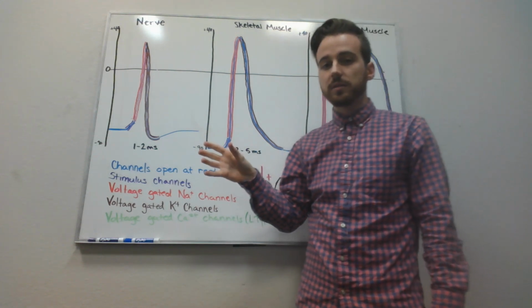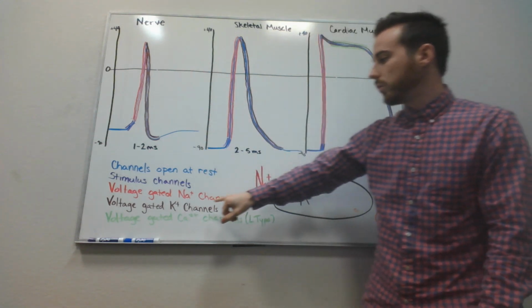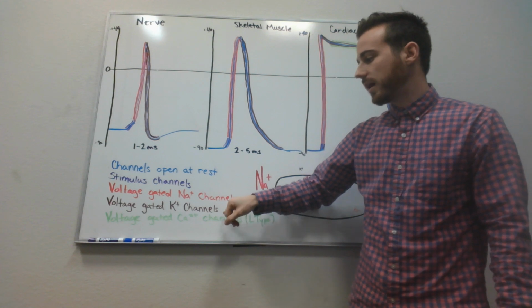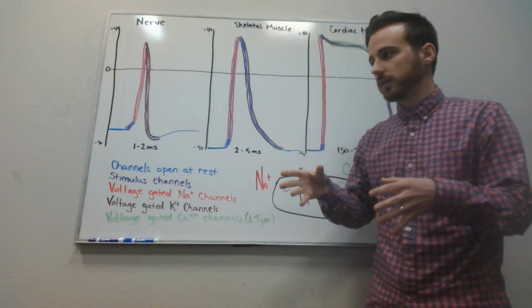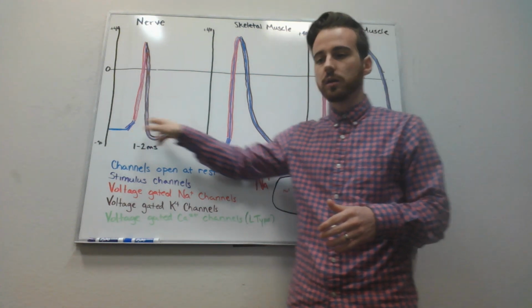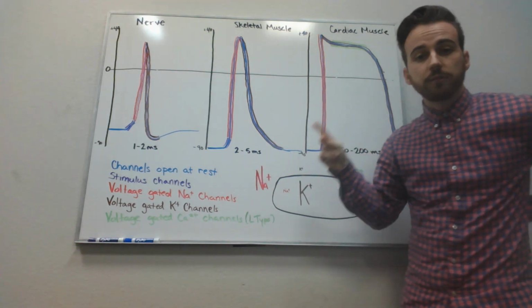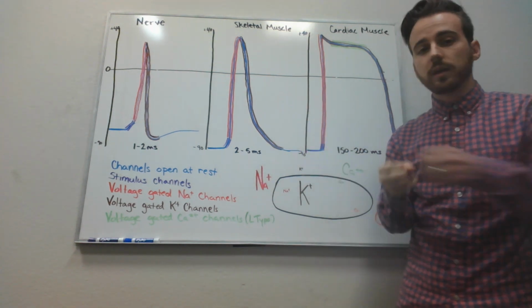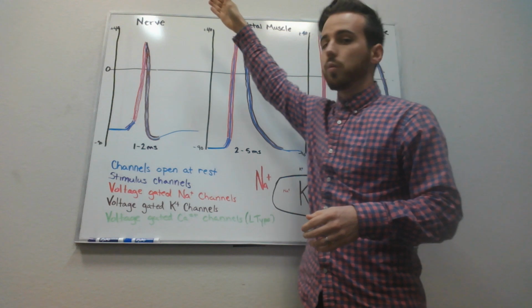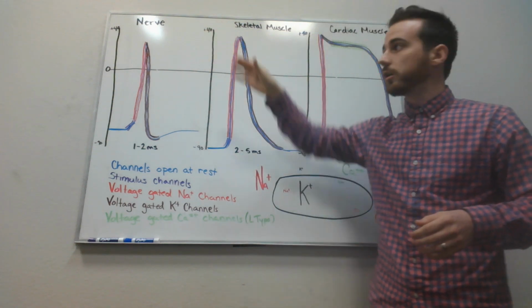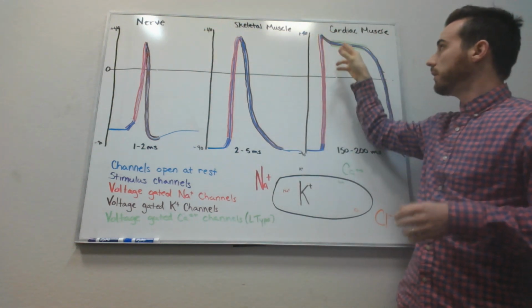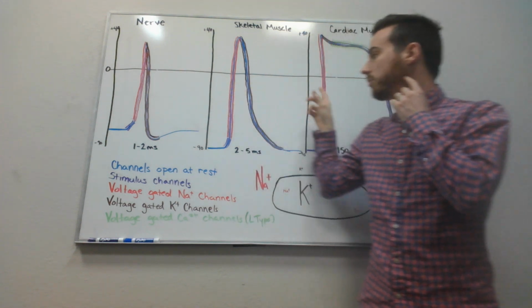At about the same time, in all three, the voltage-gated potassium channels are finally responding. Okay, they were activated down here, but they're finally responding after about 1 millisecond, opening up. So we get the cell starting to repolarize, okay, in all three tissue types.